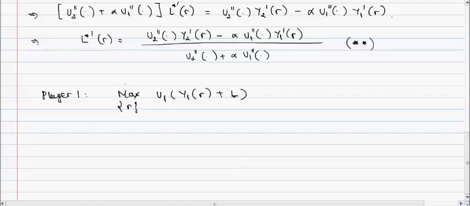It's basically similar to a sequential Stackelberg game where player 1, the first mover, takes into account the fact that the optimal amount chosen by the other player is going to be a function of the choice by the first player. Player 1 knows that.